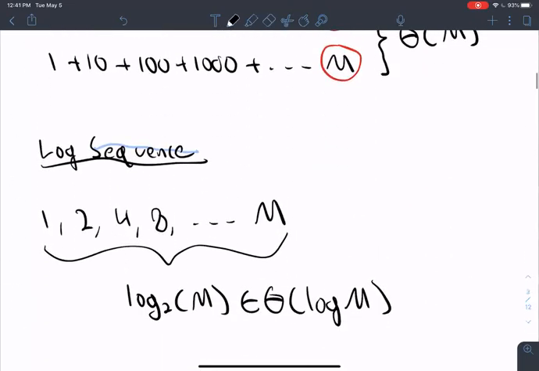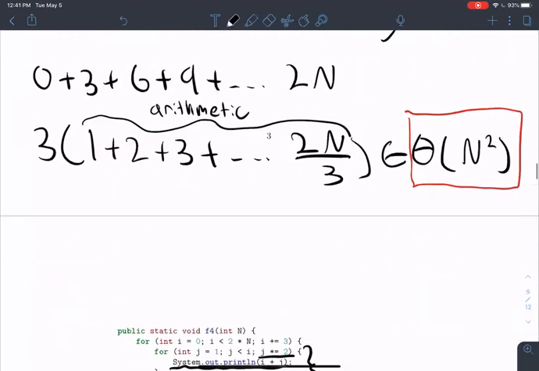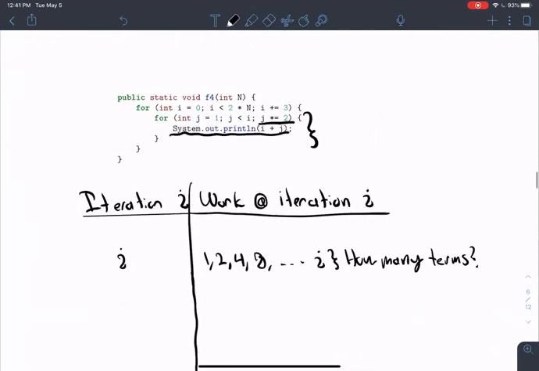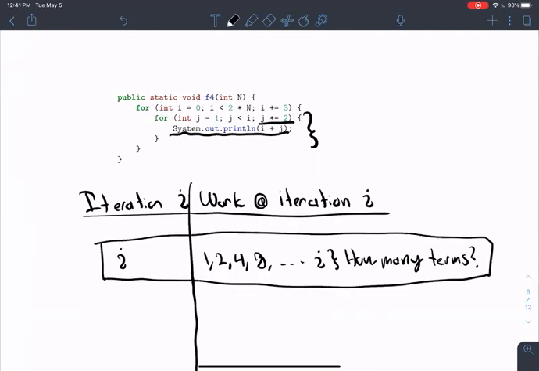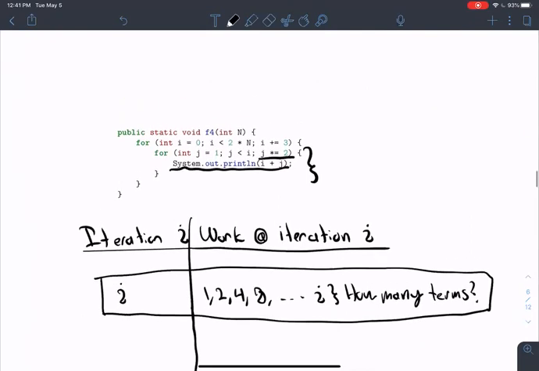Wait, doesn't i increment by 3? Yeah, but we've isolated to a particular value of i. We're pretending we're at some value of i, and now we want to know the work of that inner for loop once we lock in a value of i. Okay.